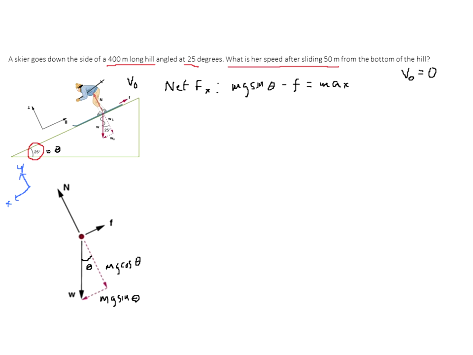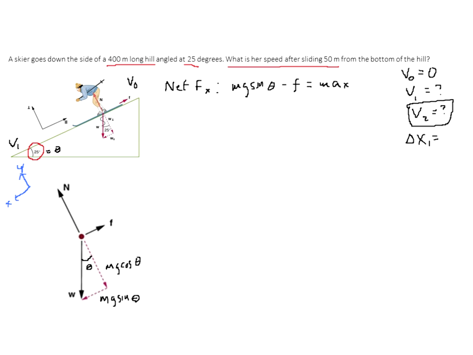So she starts at rest. We're going to have an intermediate step at the bottom. We don't know what that is, but that's going to be her target variable.